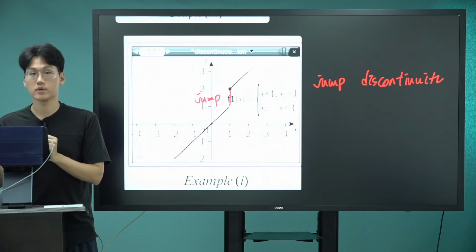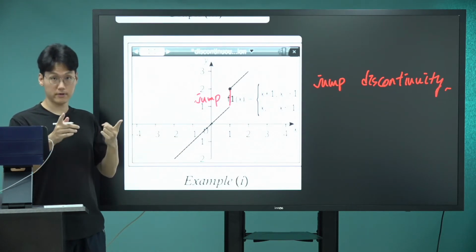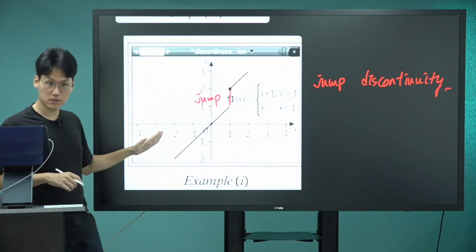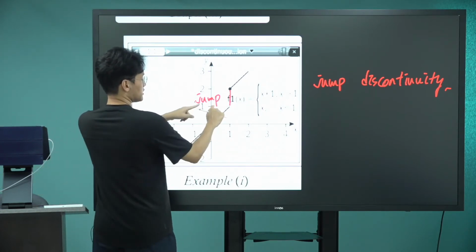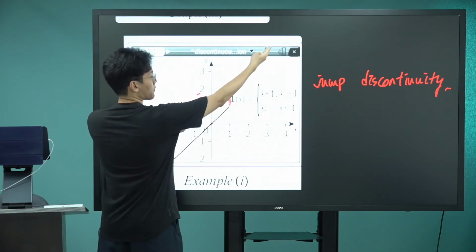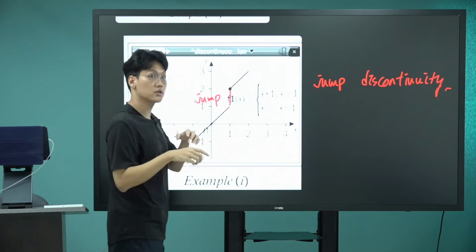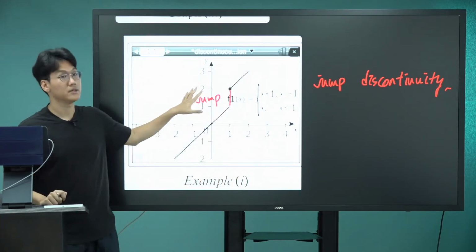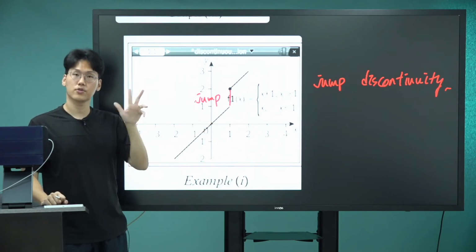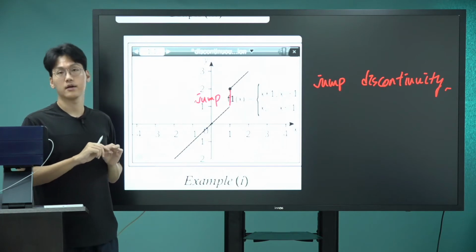The way we can show that it is not continuous by the definition of limit is to see the left limit. The limit coming from the left is given by 1, but the right limit at 1 is going to be 2. Since the limit doesn't exist, I know it will be discontinuous, because for continuity three things were required: the limit exists, the function value exists, and they are the same.